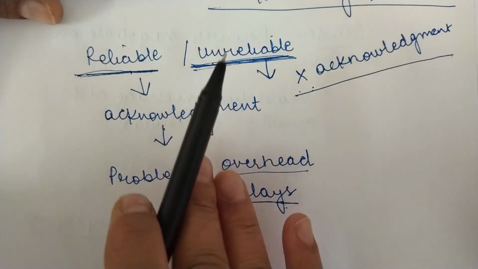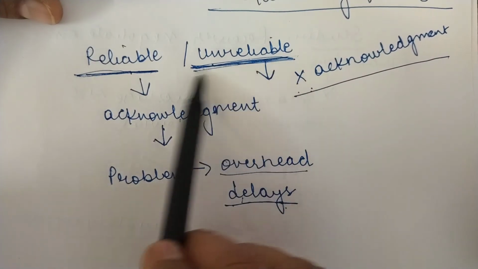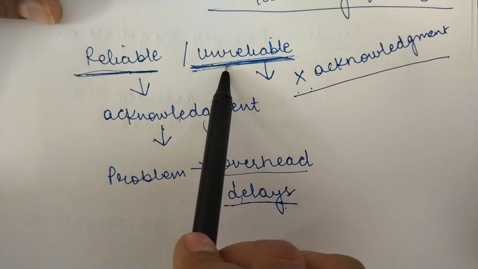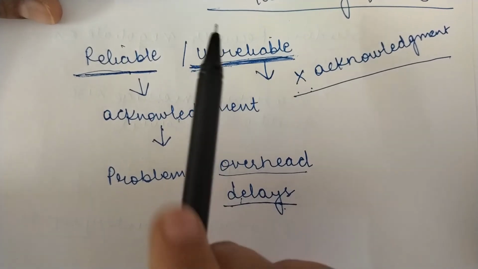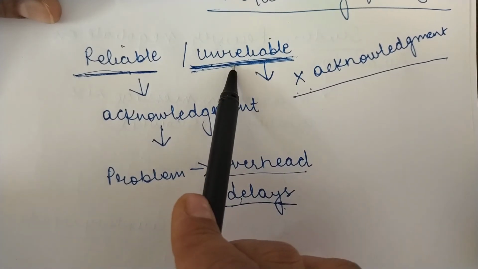It is okay for you to hear some background noises, but you cannot afford delays in real-time communication, whether it is digitized voice communication or video conferencing. So in such cases you can opt for unreliable services.